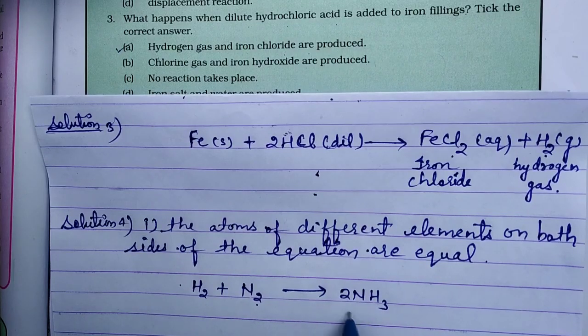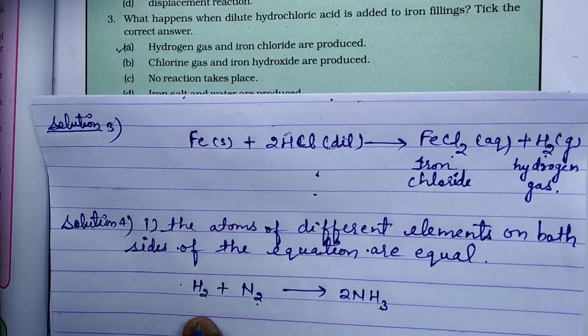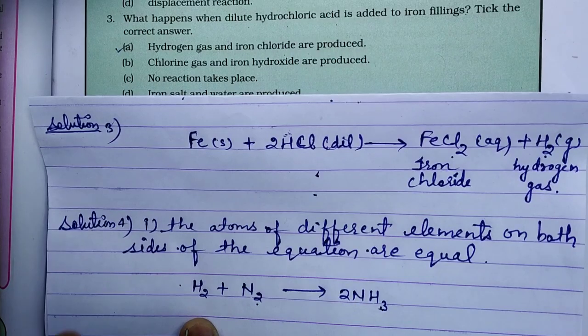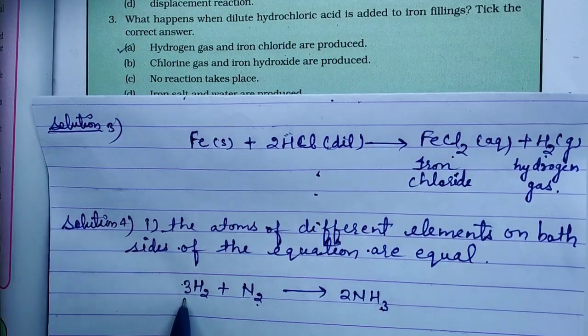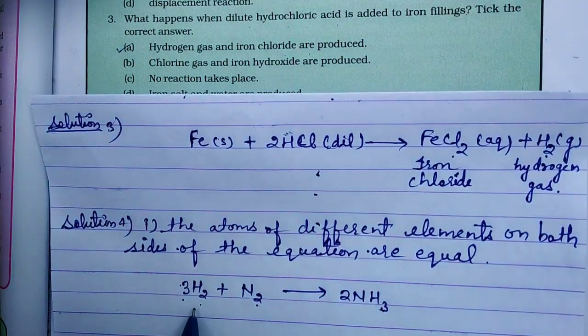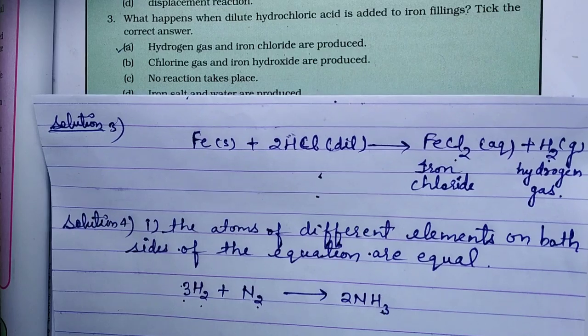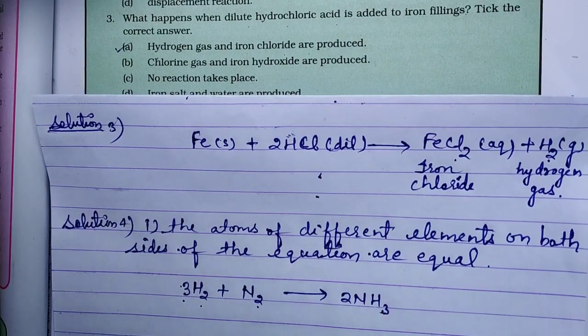This coefficient 2 will be multiplied by 3, and it will become 6, so we also need 6 hydrogen here. So we will put coefficient 3 here. Now it will become 6 hydrogen here. Now it is finally balanced.